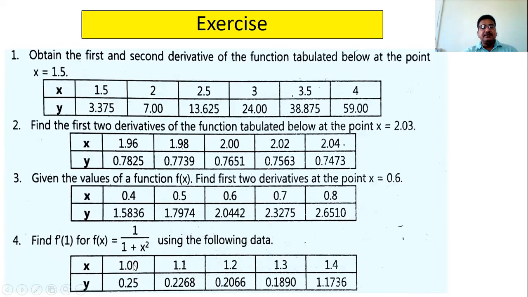That is, dy/dx, where y means f(x), at 1.0. So prepare the forward difference table for this problem and use the formula to obtain the first order derivative at the first point, that is dy/dx at x = x0.